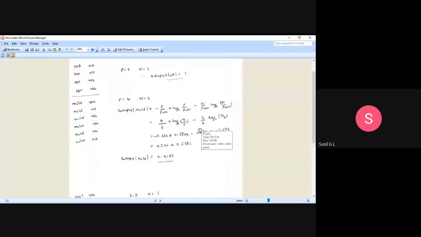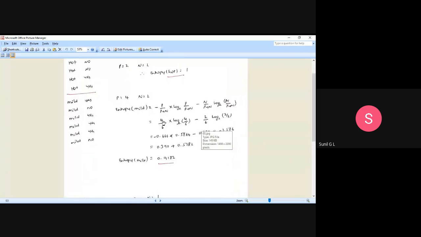Here, 4 positive, and the total is the sum of positive and negative, that is 4 plus 2 is 6. Log 2 of 4 divided by 6, minus, negative is 2, 2 divided by 4 plus 2, that is 6, log 2 of 2 divided by 6.